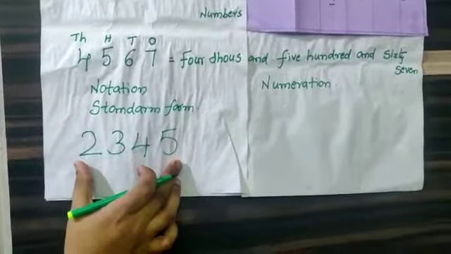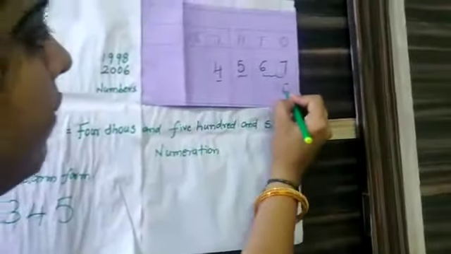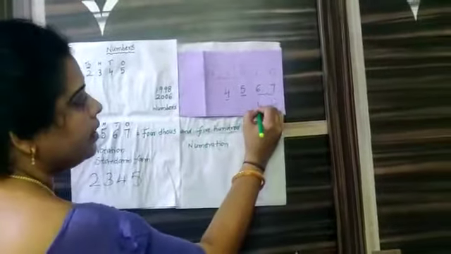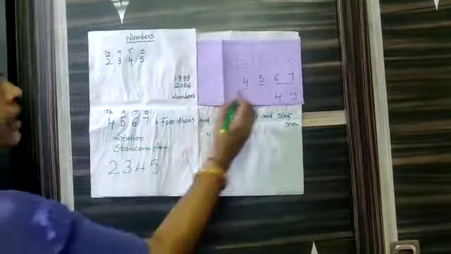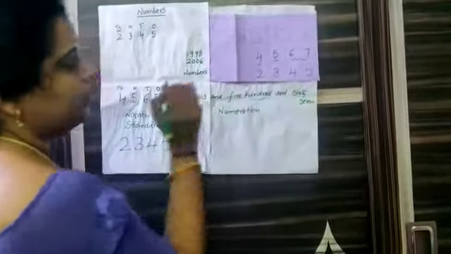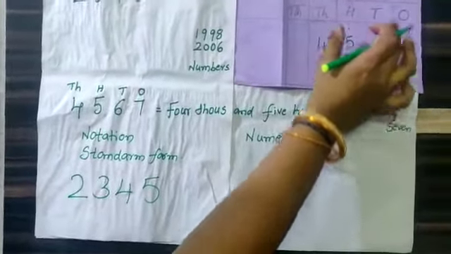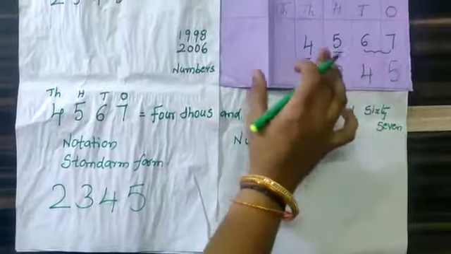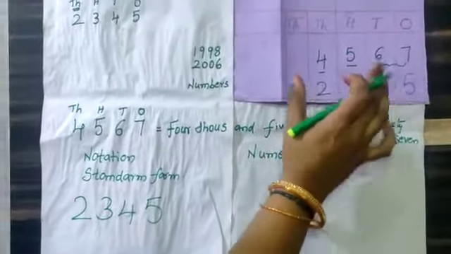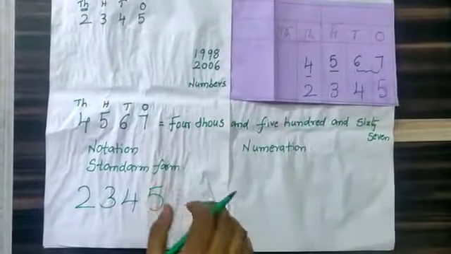So write this 4-digit number in the place value chart. How many ones are there? 5 ones are there. How many tens are there? 4 tens are there. Here 300, here 2000. So if you observe this place value chart, the number is divided into some groups. A place value chart that has been divided or split into some groups is called periods.